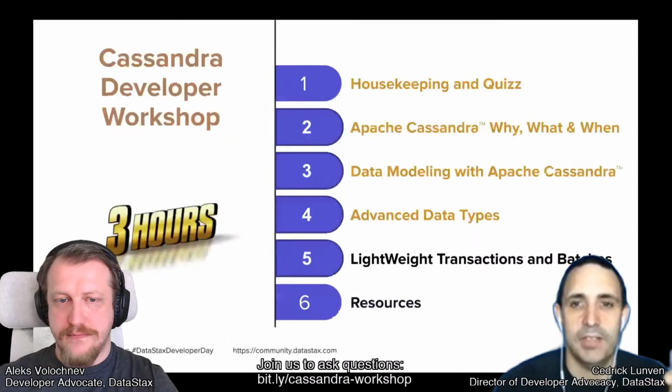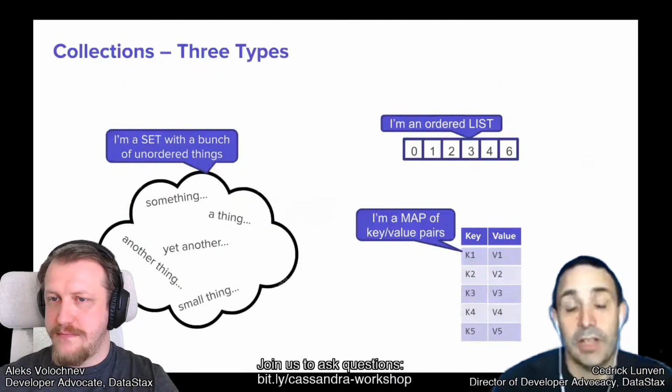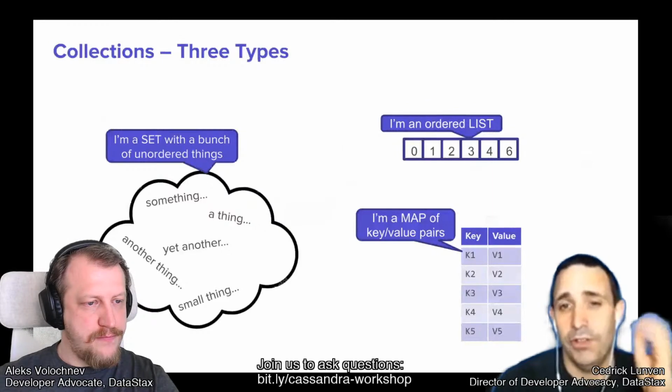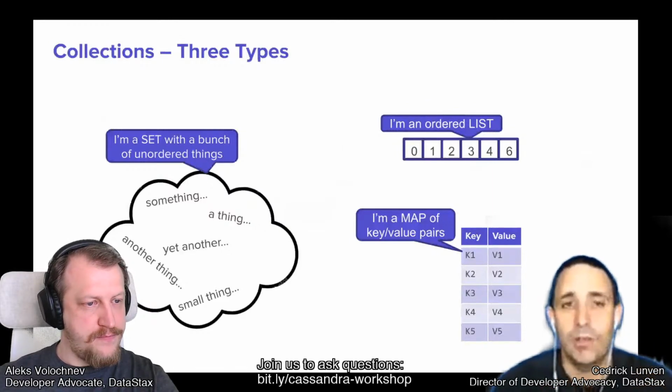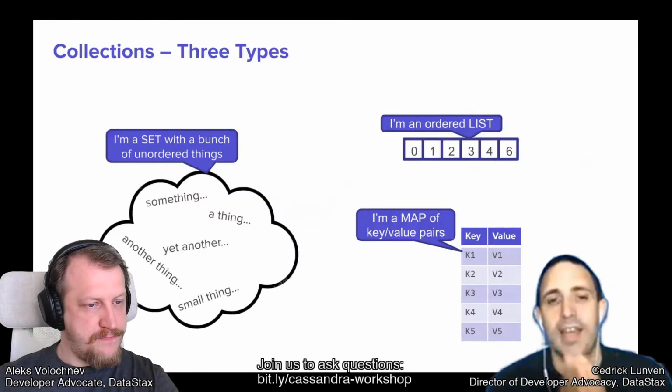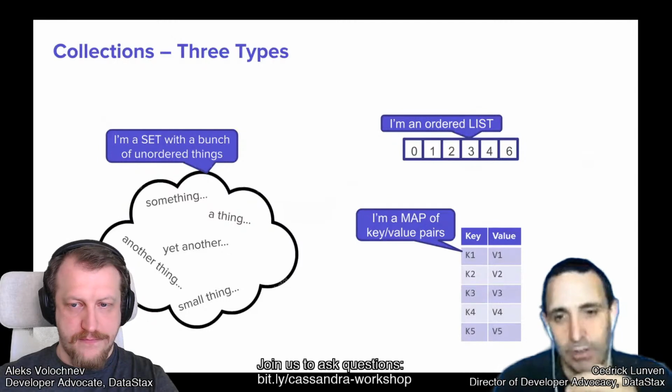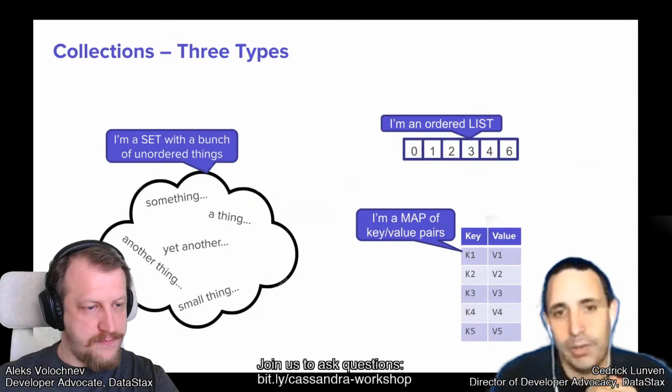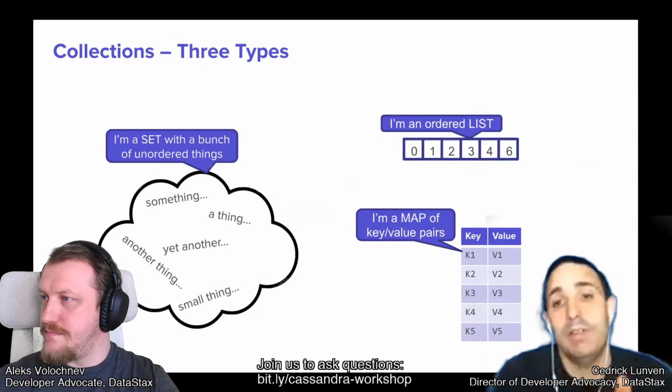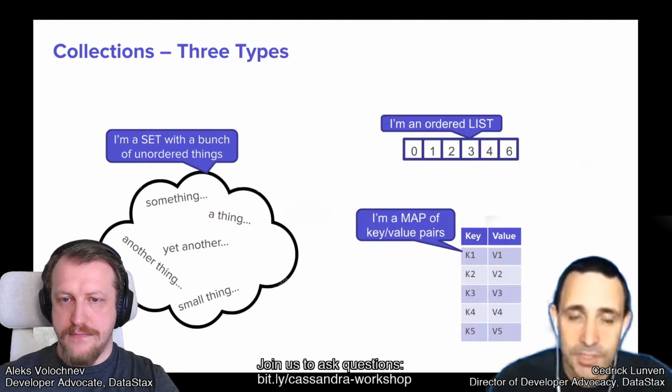Okay, so in a Cassandra table, you can have not only scalar types, integers, numbers, but also collections. There are 3 types of collection: set, list, and map. If you're a Java programmer or object-oriented programmer, those concepts should be very familiar to you. So how does it work?